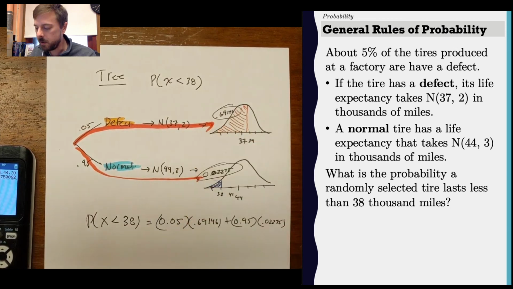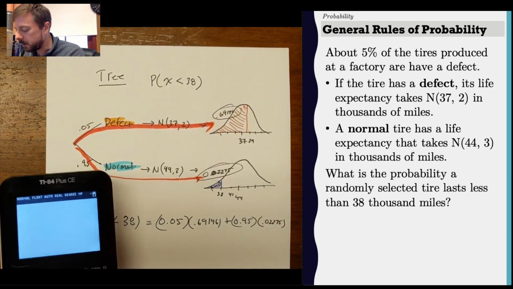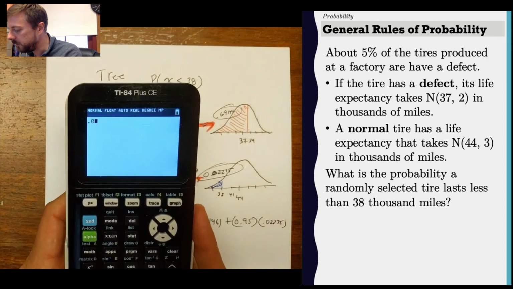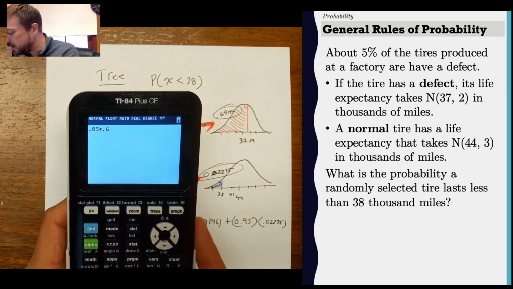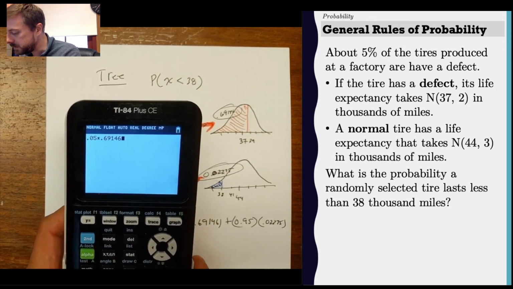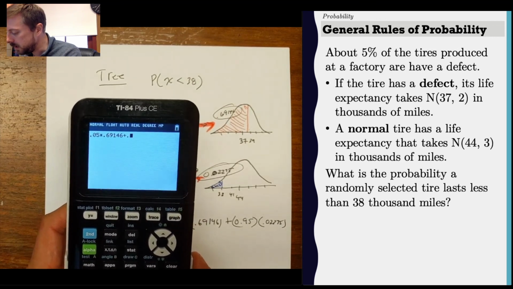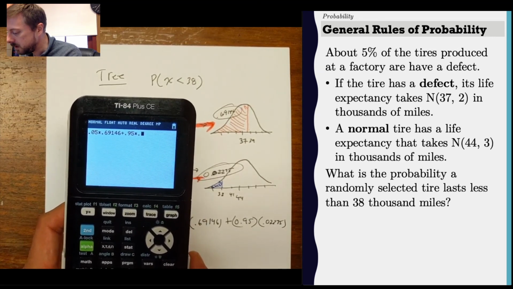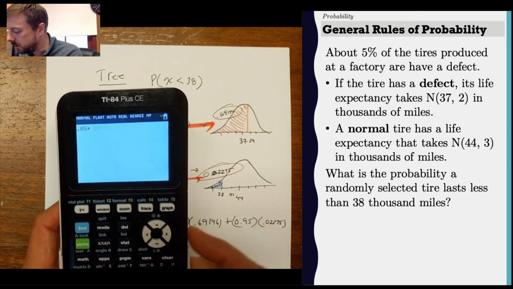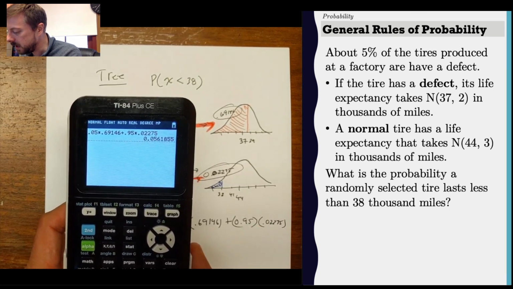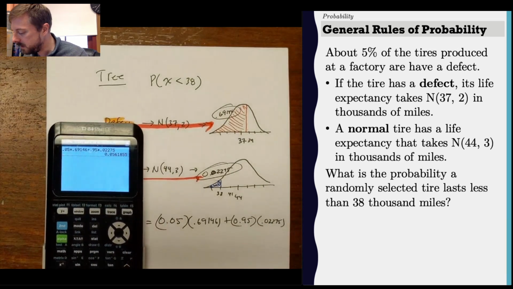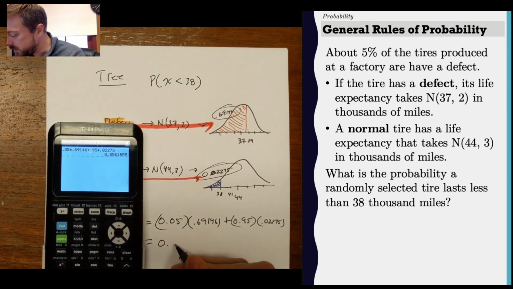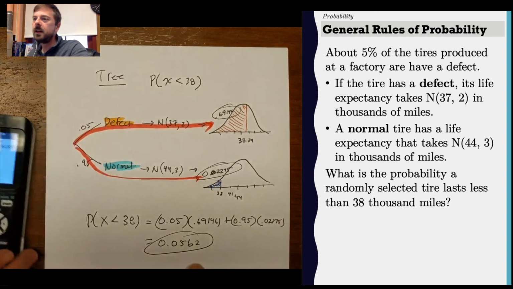If I want my total answer, I'll just start multiplying. Okay, Mr. Calculator, 0.05 times 0.69146 plus 0.95 times 0.02275, and I get 0.0562, and boom, that's my probability.